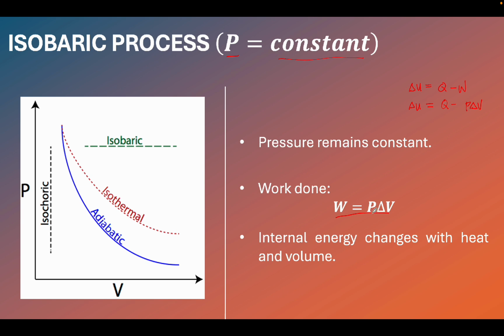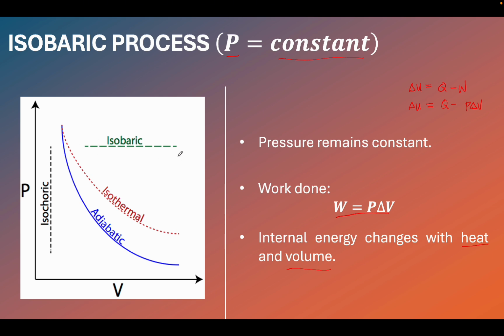Now, the heat added goes to increasing the internal energy, and also it goes to doing work or expanding the gas. So, the internal energy changes with heat and also volume. On the graph, since the pressure is constant, isobaric is just a horizontal line on the PV diagram.